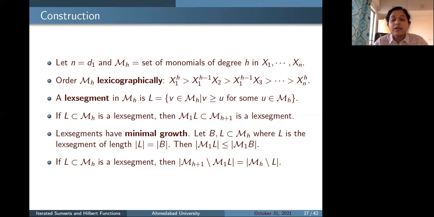First of all, if B and L are both subsets of M_h, and L is the Lex segment having the same cardinality as B, then we can say that the cardinality of M_1 L is less than or equal to the cardinality of M_1 B. One more property which a Lex segment has: if L, a subset of M_h, is a Lex segment, then the cardinality of the complement of M_1 L is the same as the cardinality of the complement of L in M_h.